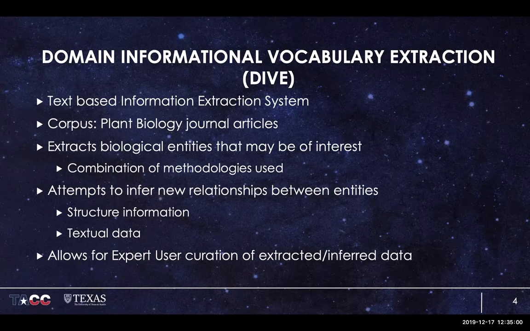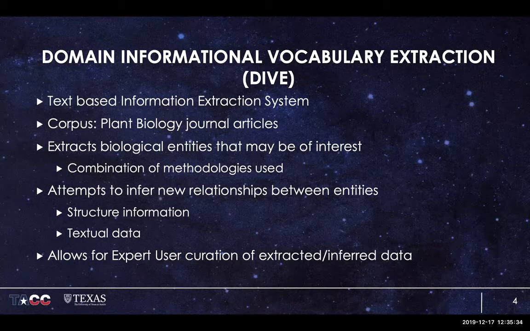It uses a combination of methodologies like keyword dictionaries, you can put in regular expression rules, and it can use publishing conventions. So it has this framework where you can plug in these different rules, and it would use a combination of all of them to extract entities that may be of interest to you. There's also functionality in there to infer new relationships between entities.